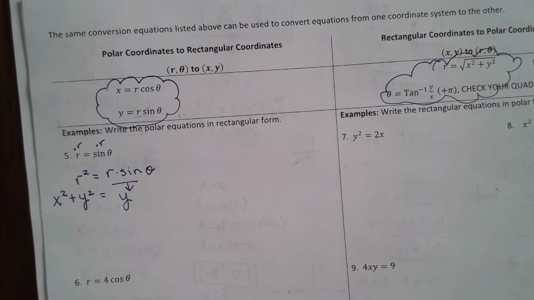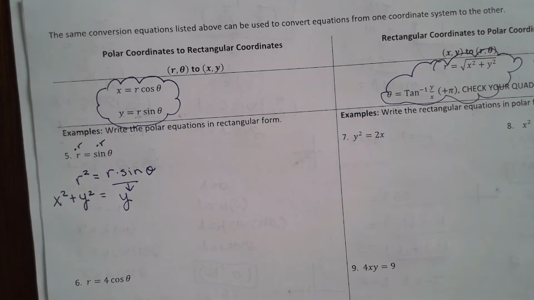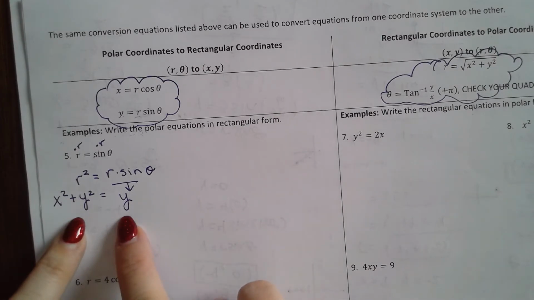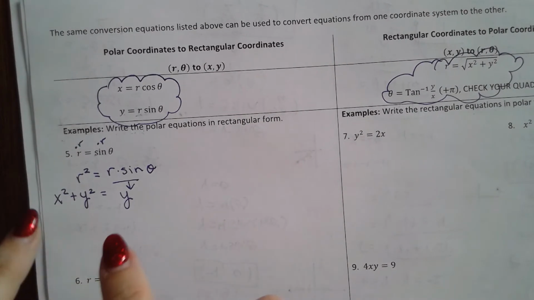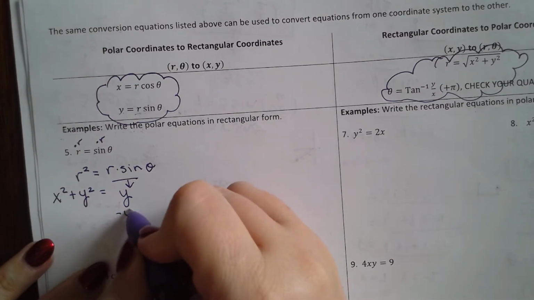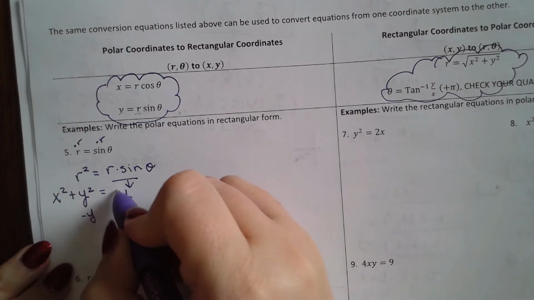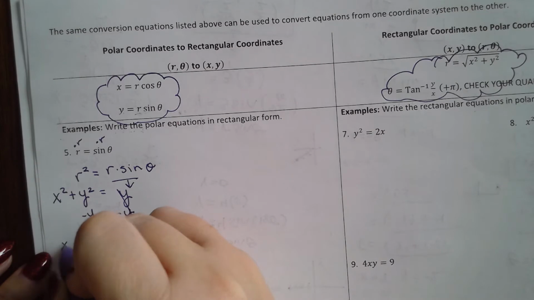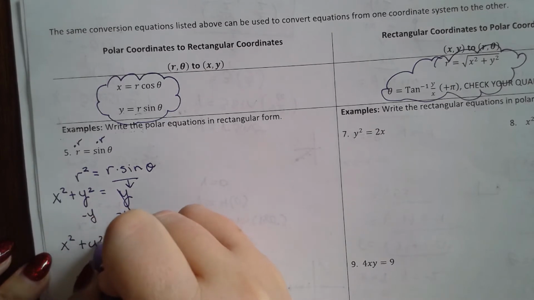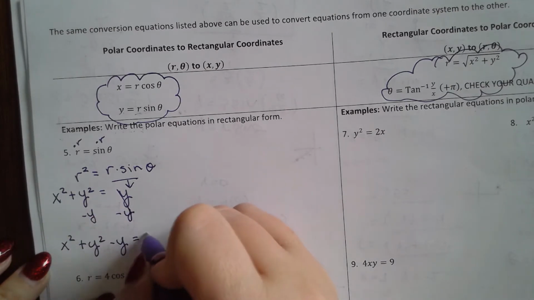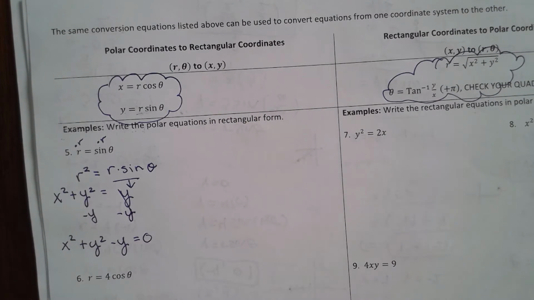Now you just have to pay attention on Math Excel to how it wants you to write it. So it might stop here. If that's the case, it's multiple choice, click that problem. If not, then we're going to subtract this over and make it equal to 0. So that might be an option.